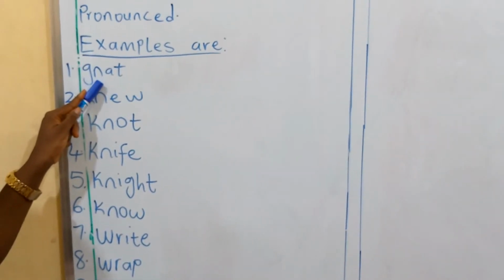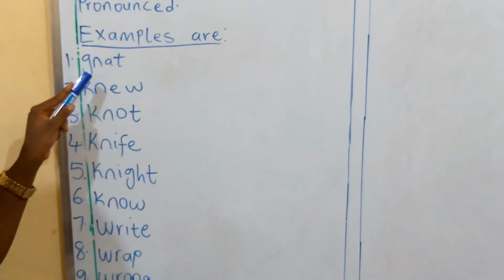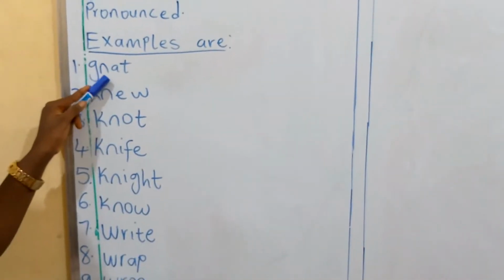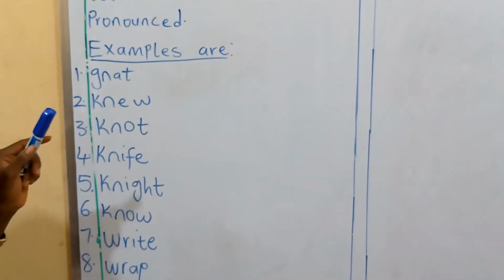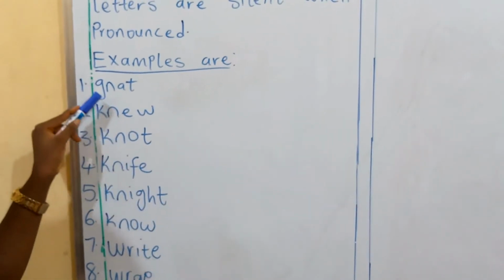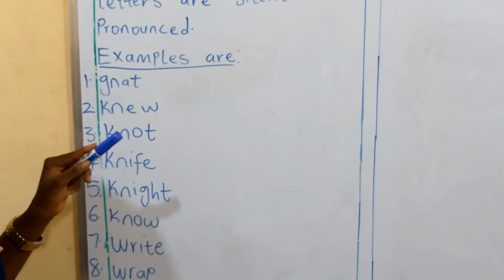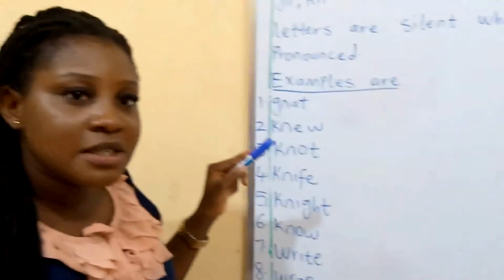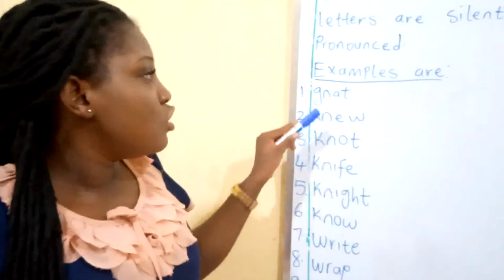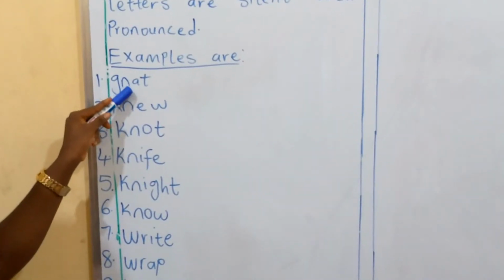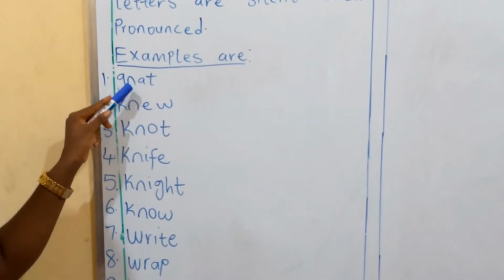So instead of pronouncing it as gnat, you pronounce it as nat. Because the beginning letter is silent. It means you will not sound it. You will start from the second letter.